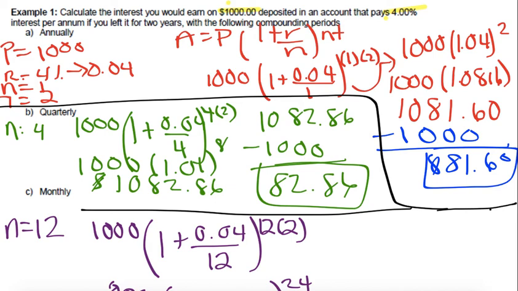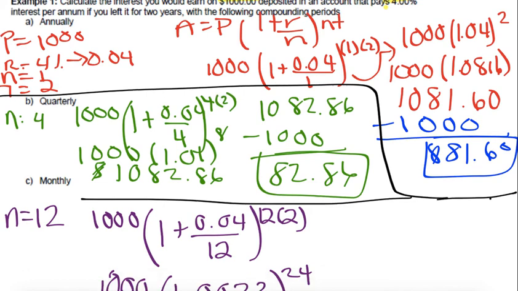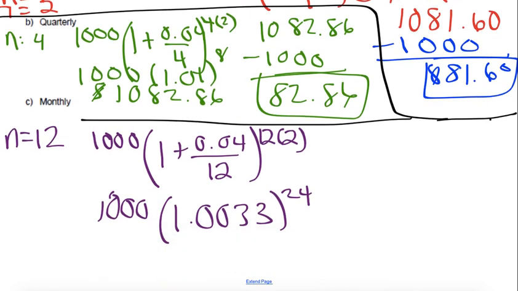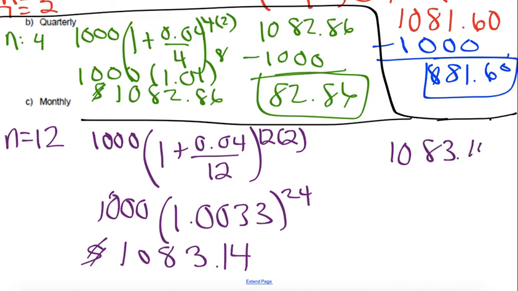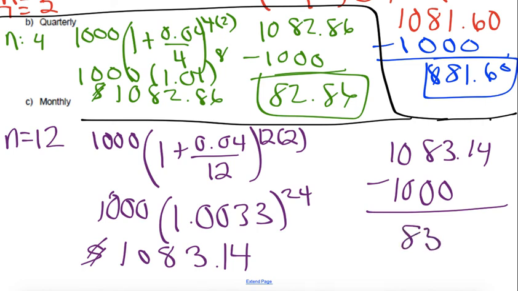I type 1.0033 to the power of 24 in my calculator, hit equals, and then times it by 1,000. I get $1,083.14. That's how much A is worth. I subtract 1,000 from it, and I get $83.14 as the interest I earned in 12 months at that exact same rate.